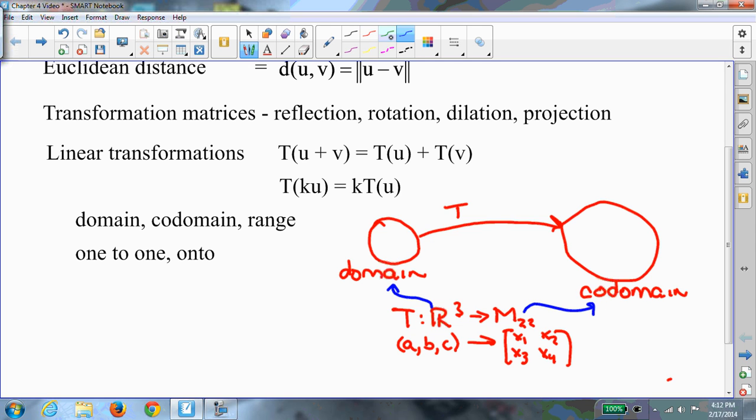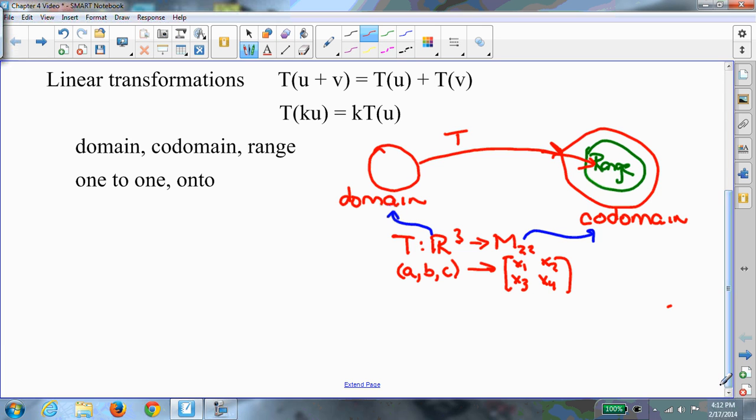Now the range is basically a subset inside the codomain. And I guess to be more specific, T doesn't map to the codomain so much as it maps to the range. So that's the idea of domain, where codomain is, and where the range is. Now, let's say I took an example of T. Here's my domain, and it maps to a set.